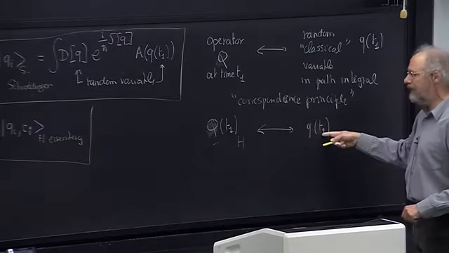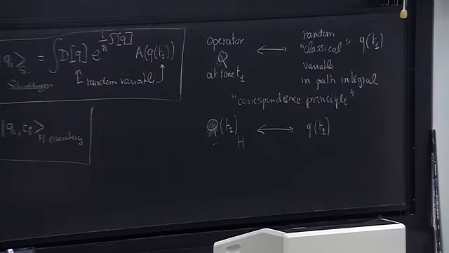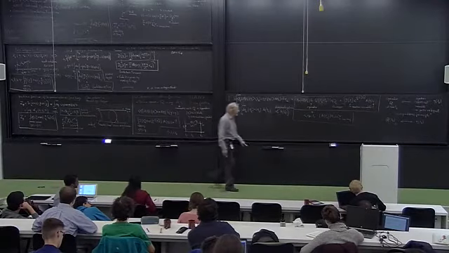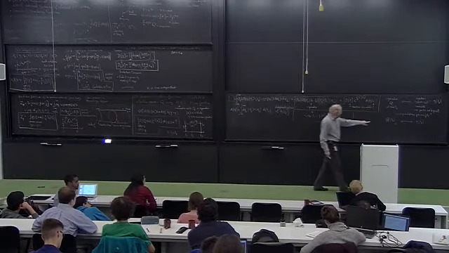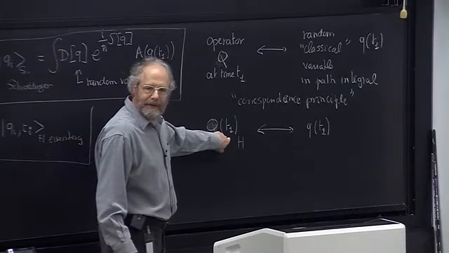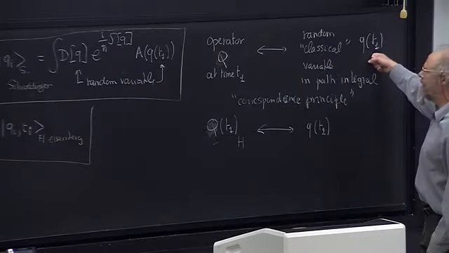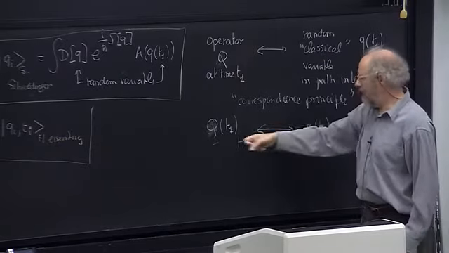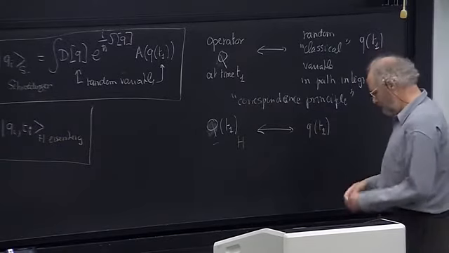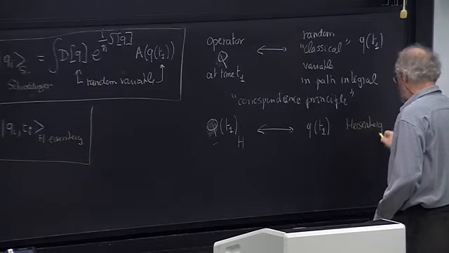So the time at which you insert your observable in the path integral corresponds to the time at which you insert the operator here, the position operator, in the Heisenberg representation. So the correspondence between random variables in path integrals and operators makes complete sense if you use the Heisenberg representation.